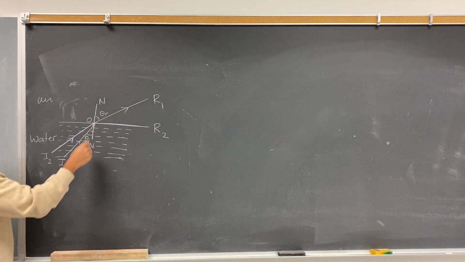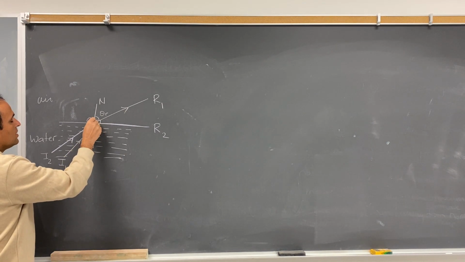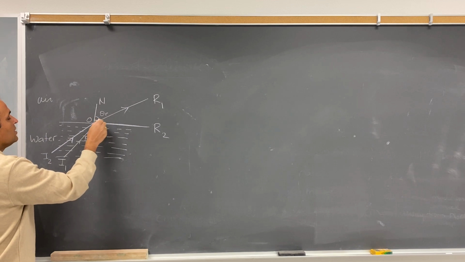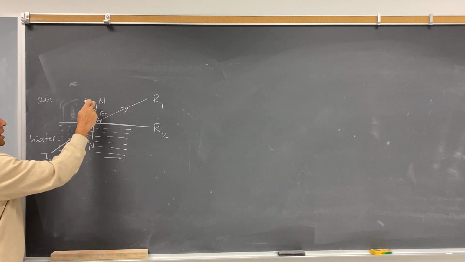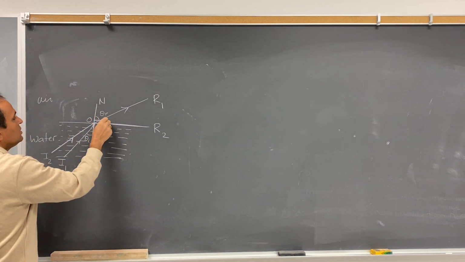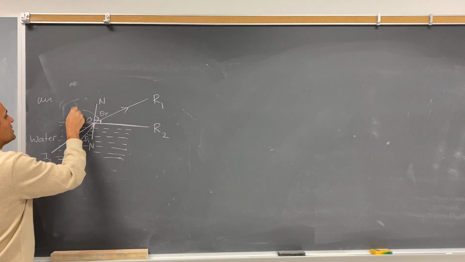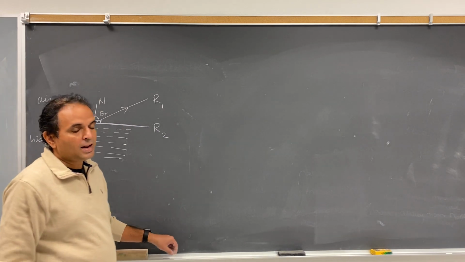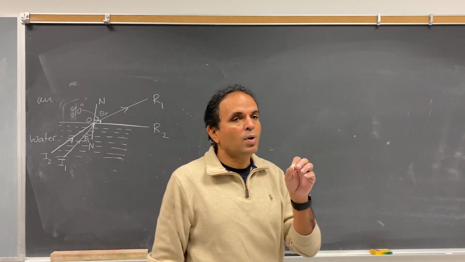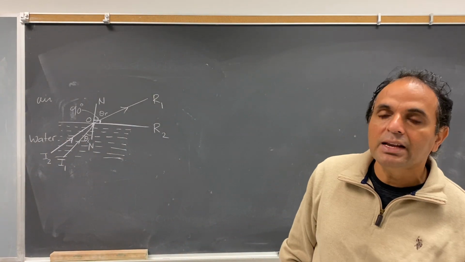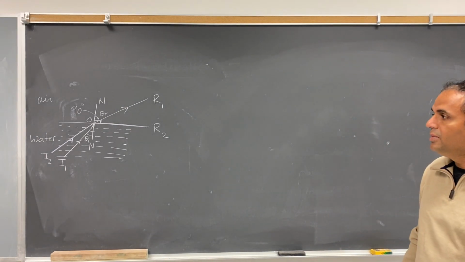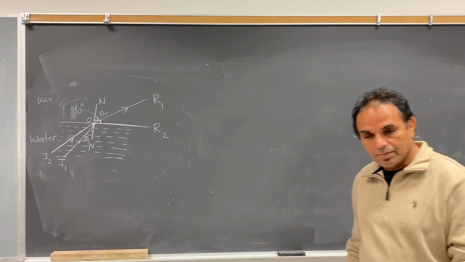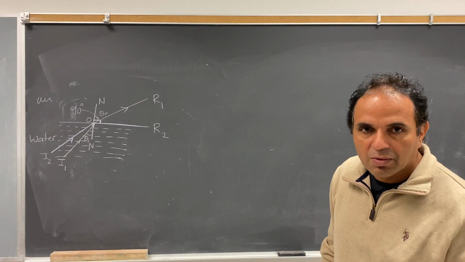Now in this case, if you measure this angle NOR2, this angle here is 90 degrees. If the ray of light is traveling from water to air, or optically thick medium to optically thin medium, it bends away from the normal.